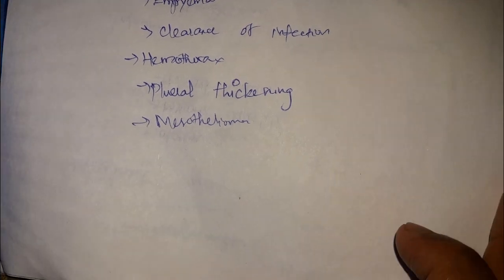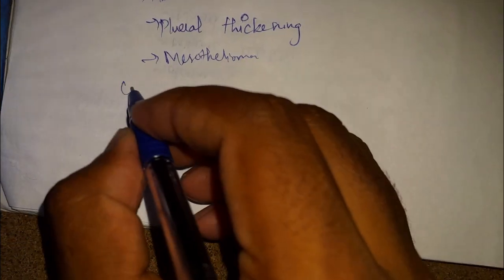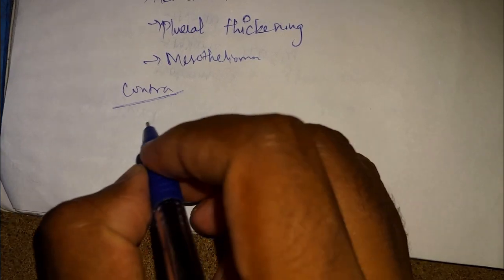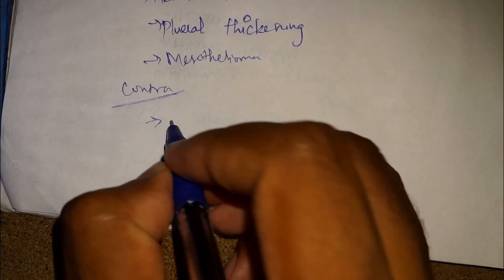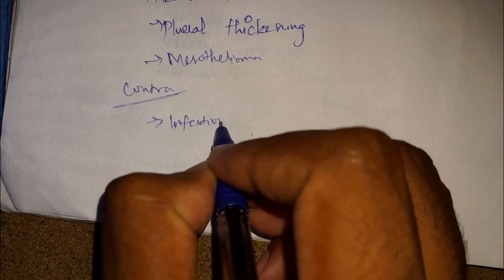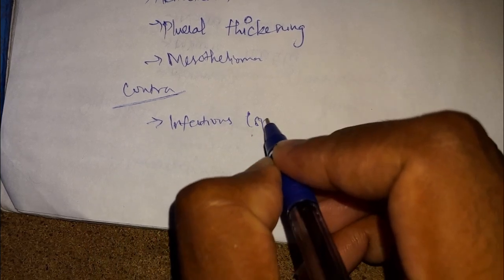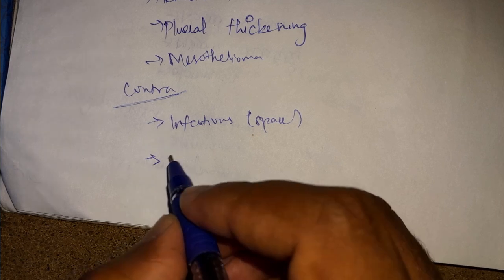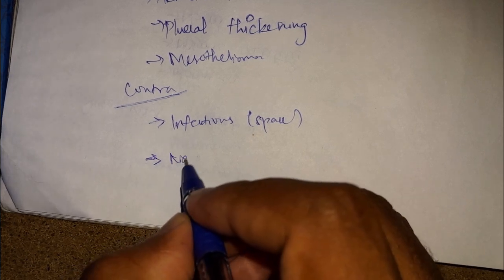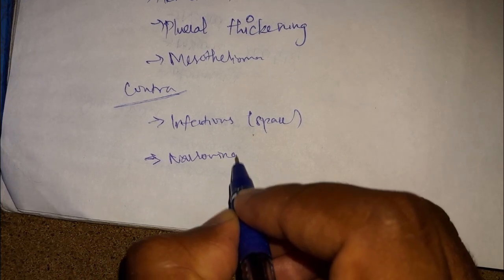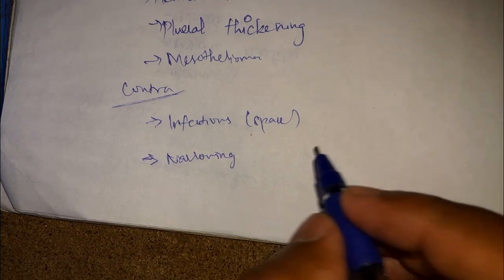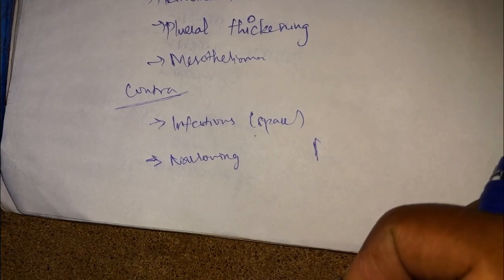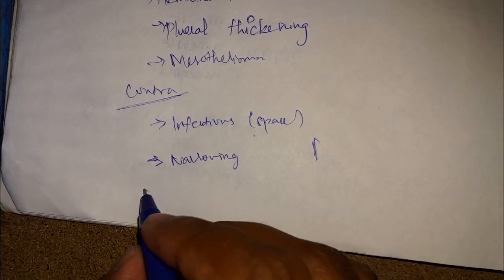Then come to the contraindications. For whom we don't do this decortication: the person having an infection in the pleural space, so we don't do it. And large airway narrowing, which means the narrowing is very large, then we can't do it.